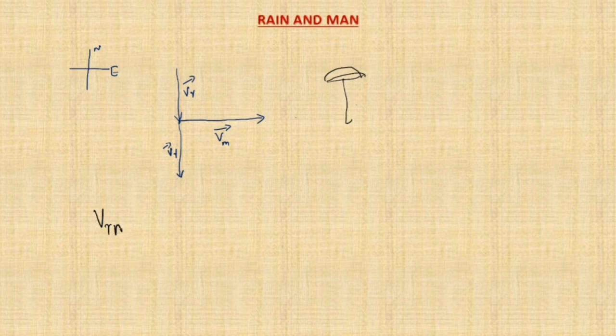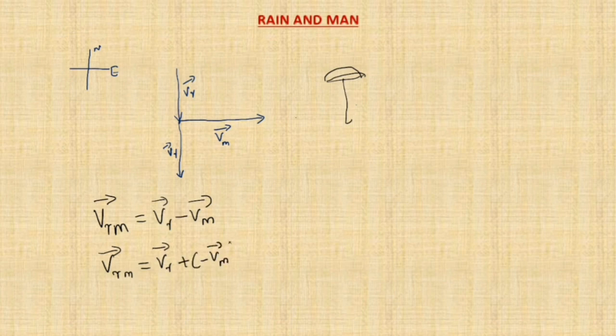Velocity of rain with respect to man. We can write in vector notation, that is equal to Vr vector minus Vm vector, or Vrm is equal to Vr vector plus minus of Vm vector.